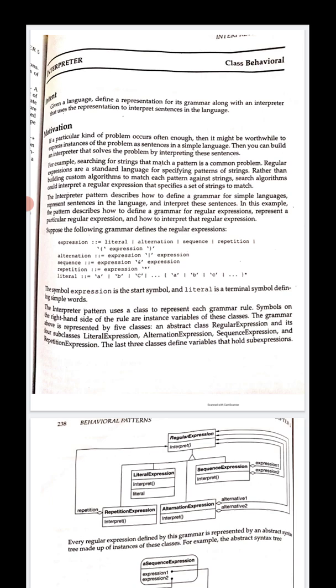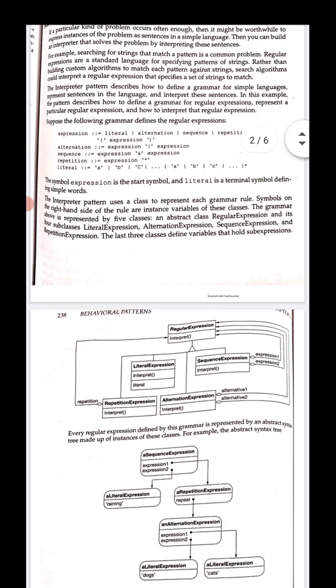So the above grammar is represented by five classes: an abstract class RegularExpression and its four subclasses, LiteralExpression, AlternationExpression, SequenceExpression and RepetitionExpression. The last three classes define variables that hold the subexpressions.